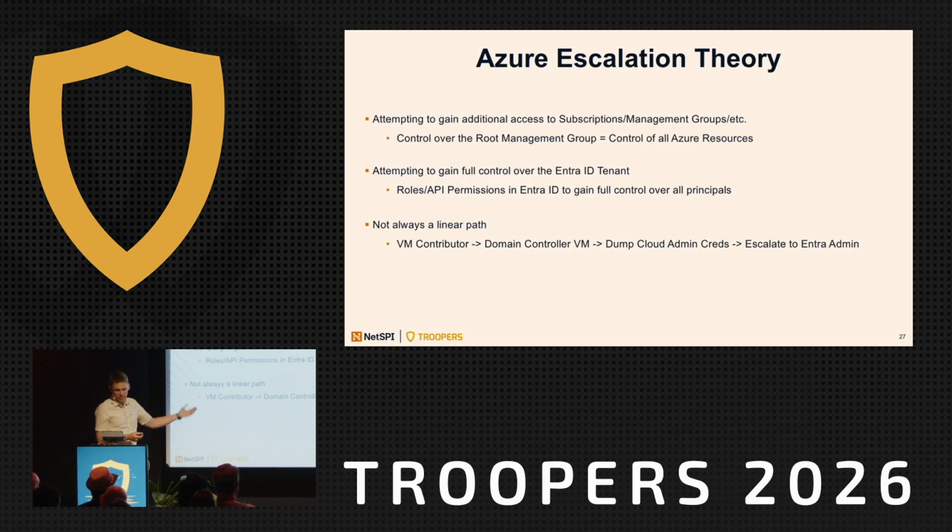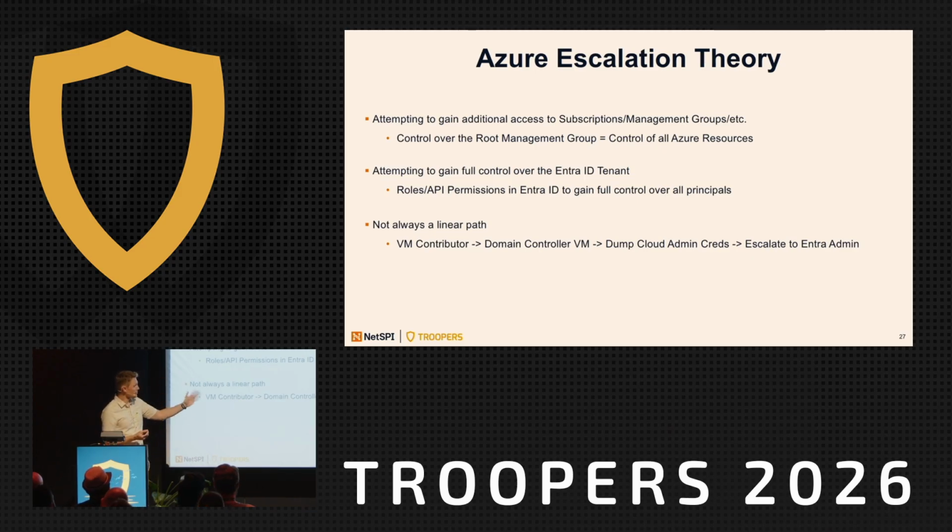In the case that we put up here, let's say that you have VM contributor. Let's say that there's a domain controller that happens to be a VM in your Azure environment. That's actually pretty common. People like to back up their domain controllers to the cloud because it's safe up there, and resilience, all that kind of stuff. But if someone has write permissions or contributor, whatever you want to say, over that domain controller, you have system-level command execution on that. We'll cover that in a little bit. That effectively is domain admin. So you get command execution as system on the DC.